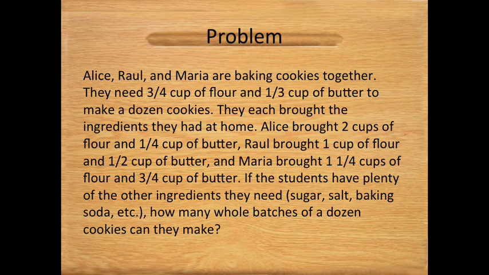So let's think about how using that ratio and using everything that we've talked about so far to look at how to solve this problem. Let's take a moment to think about how we would solve this problem in coming up with how many batches of a dozen cookies can be made from the ingredients that all of the students brought from home.